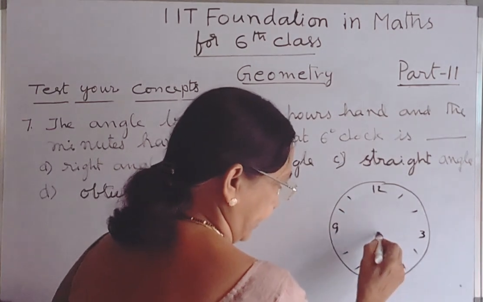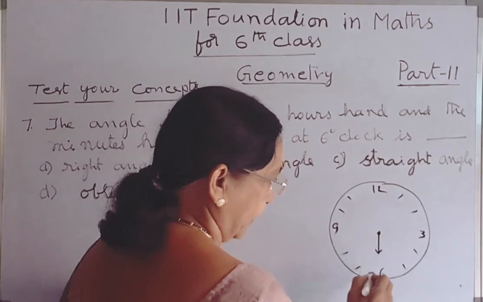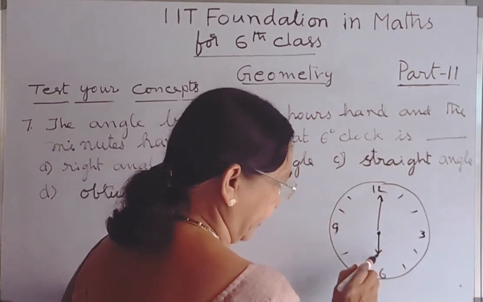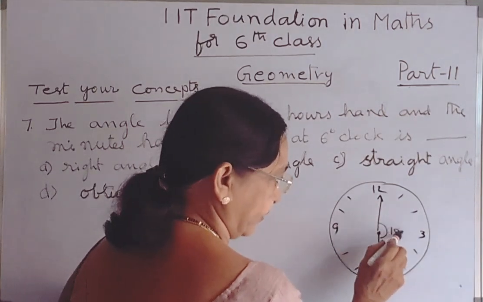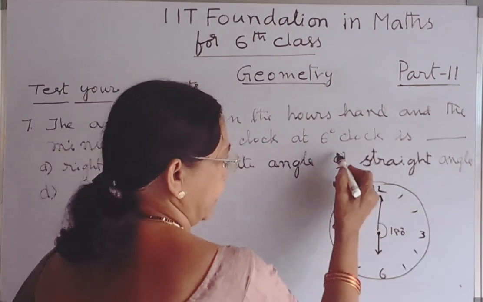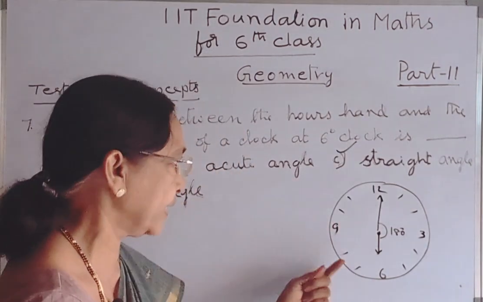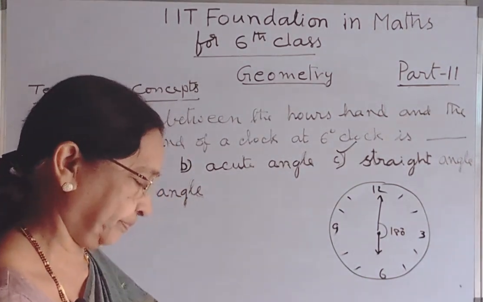At exactly 6 o'clock, the hour's hand shows 6 and the minute's hand shows 12. Therefore, the angle between the hour's hand and the minute's hand is a straight angle, that is 180 degrees. So option C is correct.